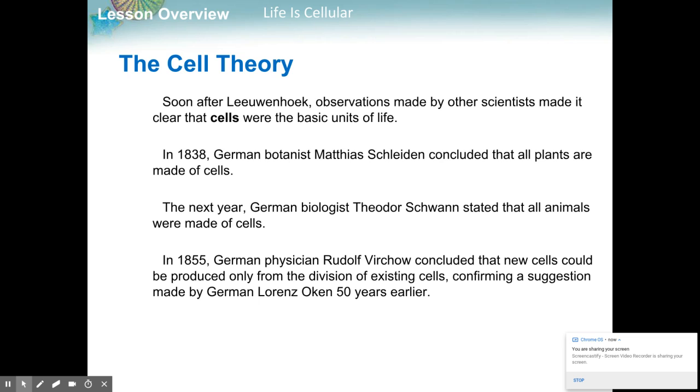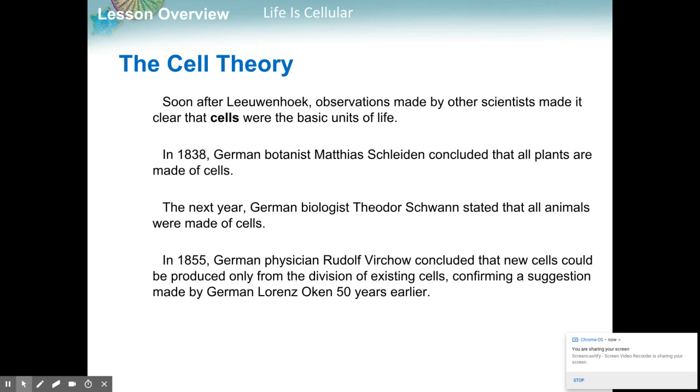In 1838, a German botanist named Matthias Schleiden determined that all plants are made of cells, and the next year, German biologist Theodor Schwann stated that all animals were made of cells. And then finally, in 1855, a German physician, Dr. Rudolf Virchow, concluded that new cells can only be produced from previously existing cells.